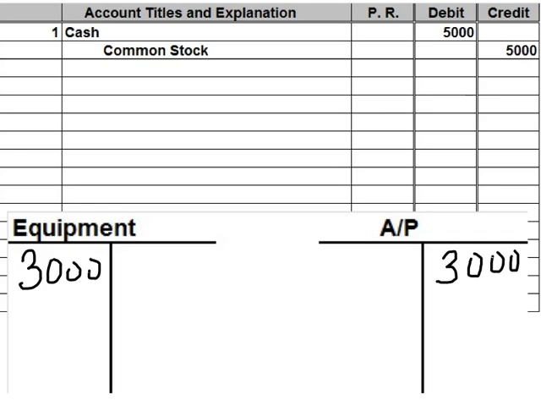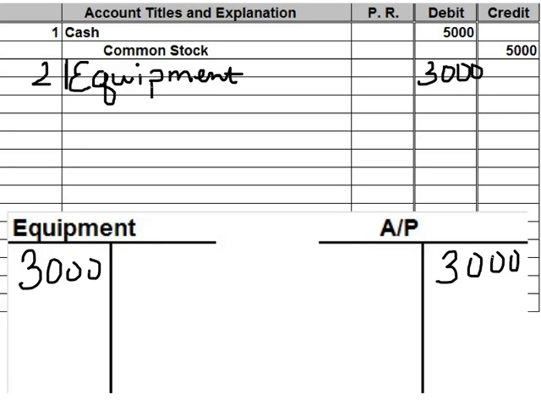And our journal entry would go above, similar to our first, and we're going to label this one number 2. And our debit is to equipment for $3,000.